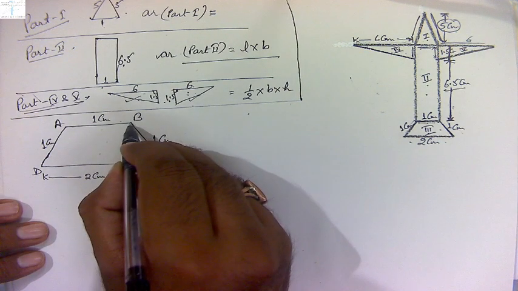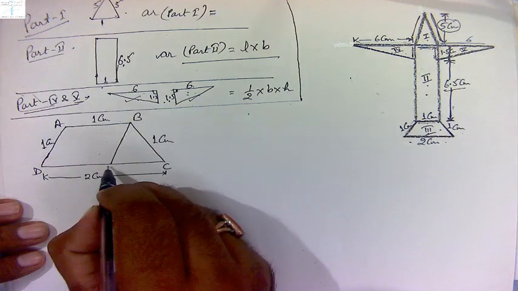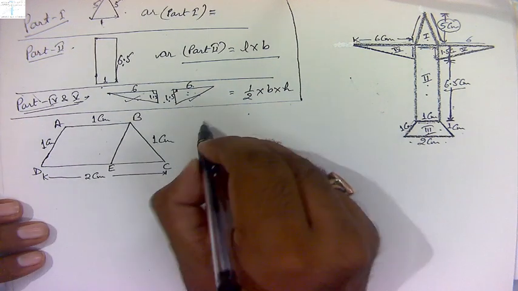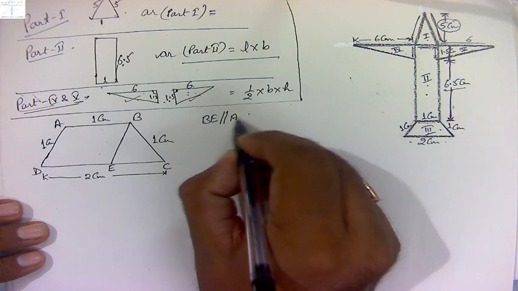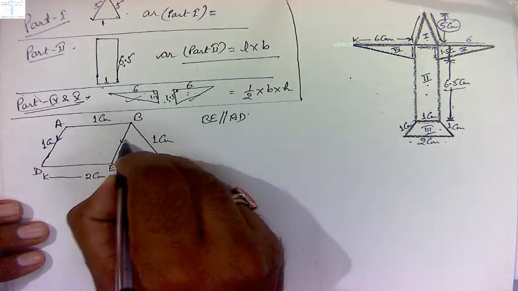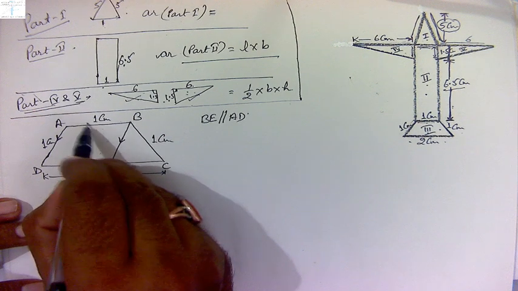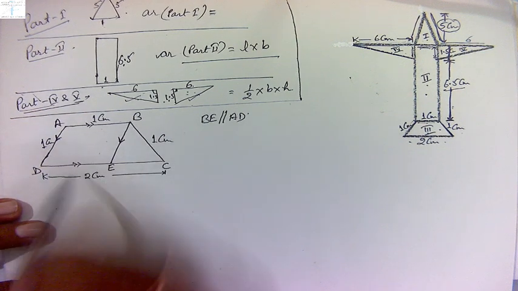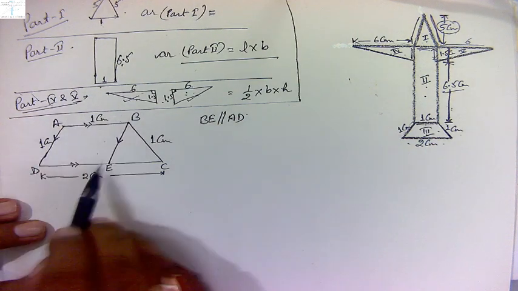Say, let us draw a line BE. Take BE which is parallel to AD. These two should be parallel, and these two sides, they are already parallel. So what is ABED?